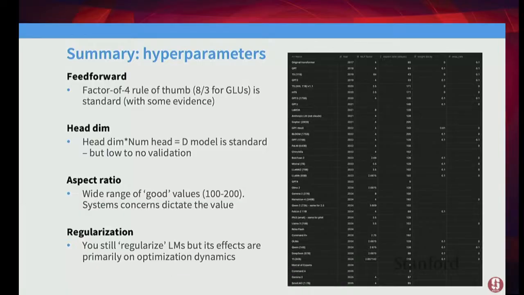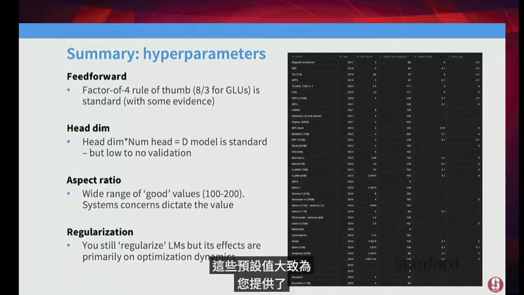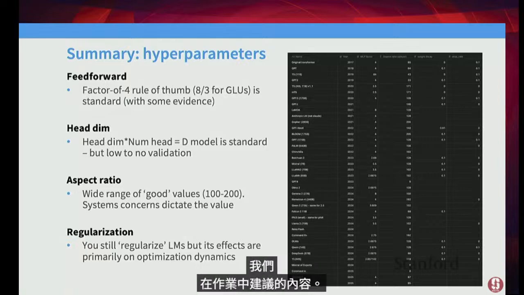There's fairly good consensus evidence of how to pick most of these hyperparameters. And those defaults roughly give you the kinds of things that we suggest in the assignment, so you can follow along and they'll give you something similar to this. Okay, any questions about the hyperparameter piece?